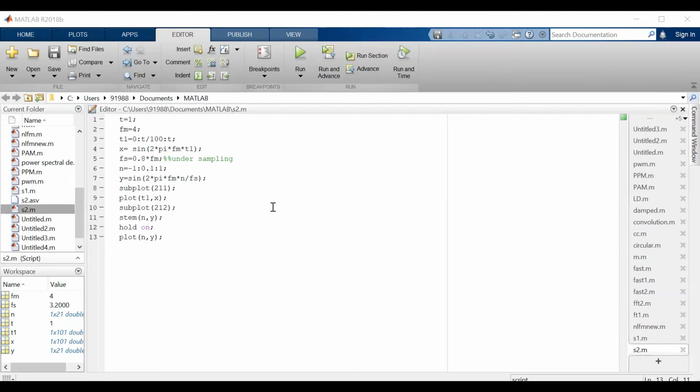I will once again repeat what the sampling theorem is and how to write the MATLAB code. We all know that any continuous signal can be represented in its discrete form using samples. So there is a theorem which specifies the rate at which the continuous signal needs to be uniformly sampled so that the signal can be reconstructed or recovered from the samples.